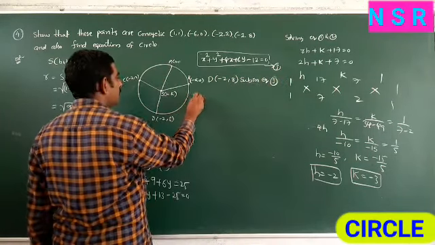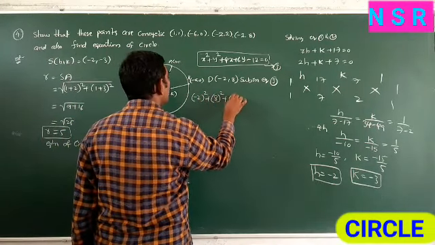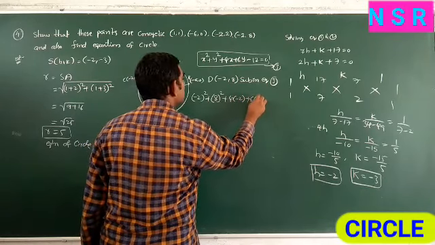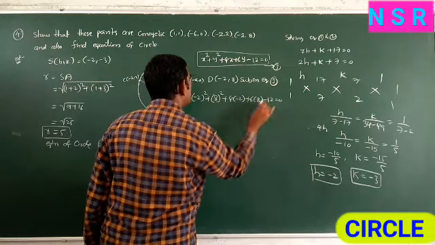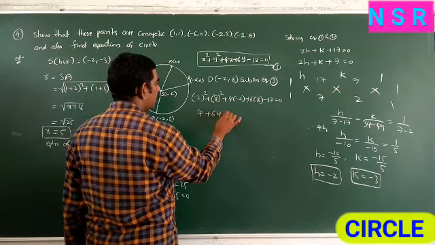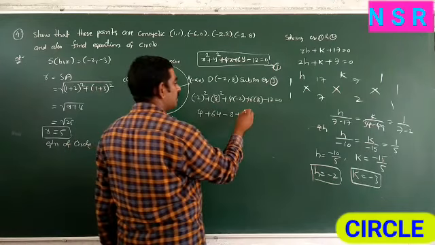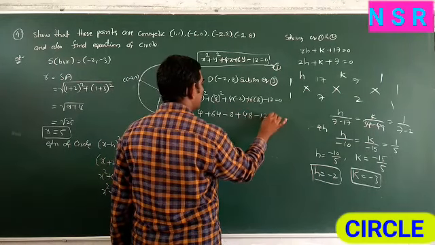So we get minus 2 square plus 8 square plus 4 into minus 2 plus 6 into 8 minus 12 equal to 0. So minus 2 square is 4, 8 square is 64, 4 into minus 2 is minus 8, 6 into 8 is 48, minus 12 equal to 0.